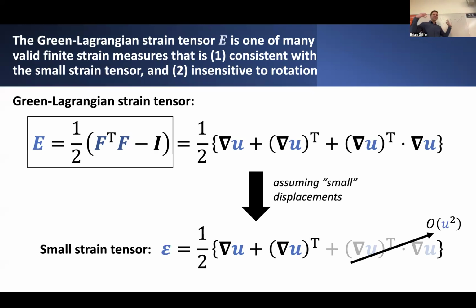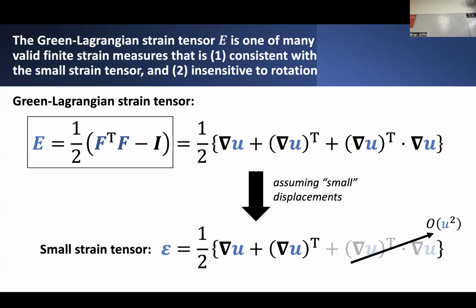And it is a particular measure of strain, which, if you were to imagine trying to define strain to be as closely related to the original description of strain that we had previously, the small strain tensor, then you can actually see that it agrees with the small strain tensor in the limit of small deformations. Now, how can that be?